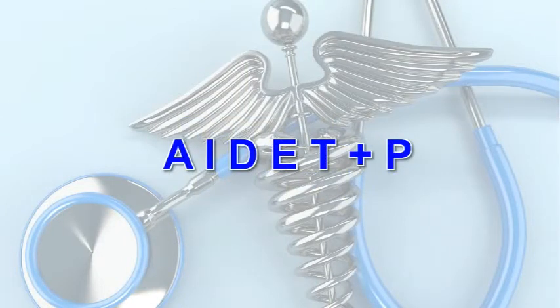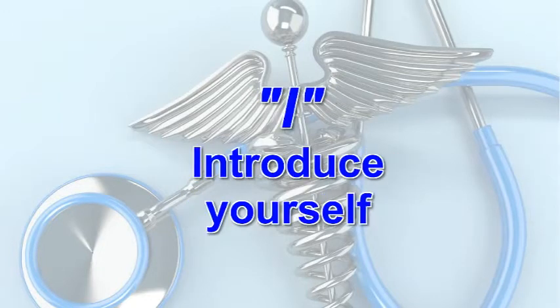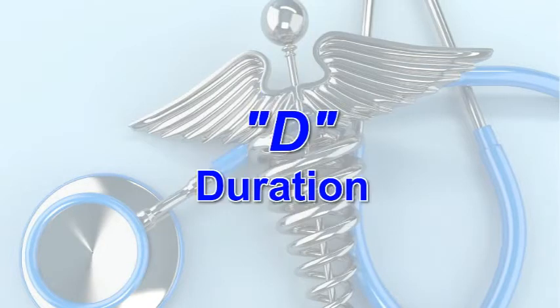Remember the acronym AIDET plus P. A. Acknowledge the patient and guest, speaking to them by name. Using the formal address Mr., Mrs., Miss, along with the last name is considered respectful and polite. I. Introduce yourself by name, first and last. D. Is for duration, and that means to let the patient and guests know that you will be working in the room for about 15 to 20 minutes.